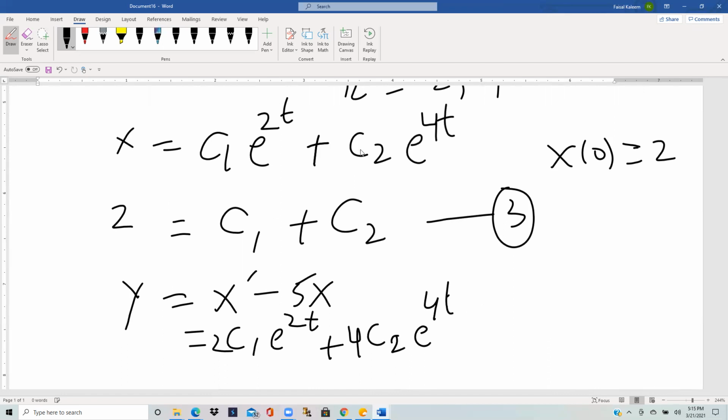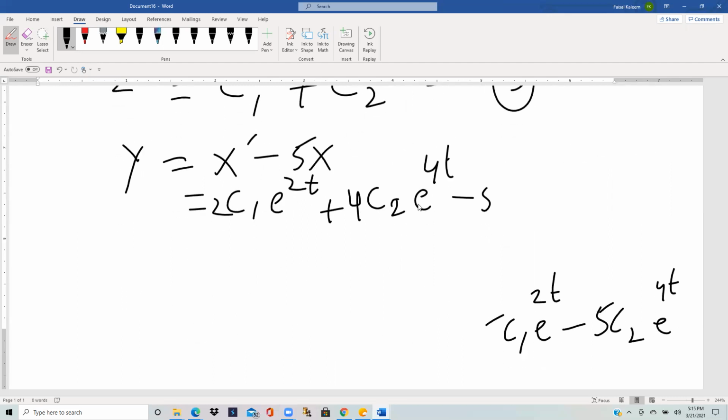All right, I'm taking the derivative of this to get x prime. And then minus 5x would be minus 5 times this, so minus 5c1 e to the 2t and minus 5c2 e to the 4t. So this will simplify.